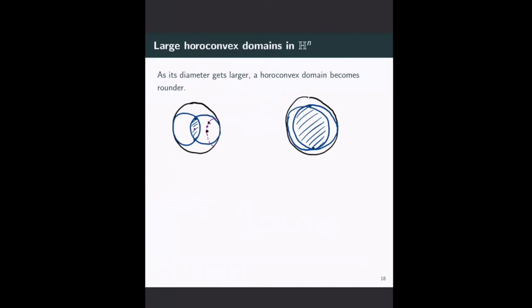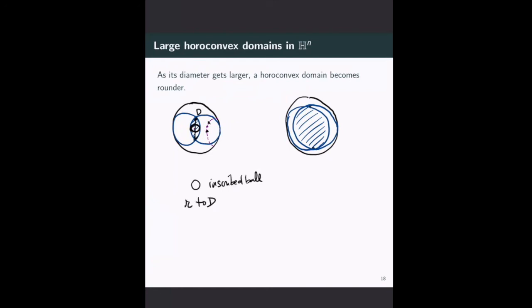It's also not that hard to compute. For example, if you have this to be the diameter, and this to be little r, this is the inscribed ball. You can compare little r to the diameter.